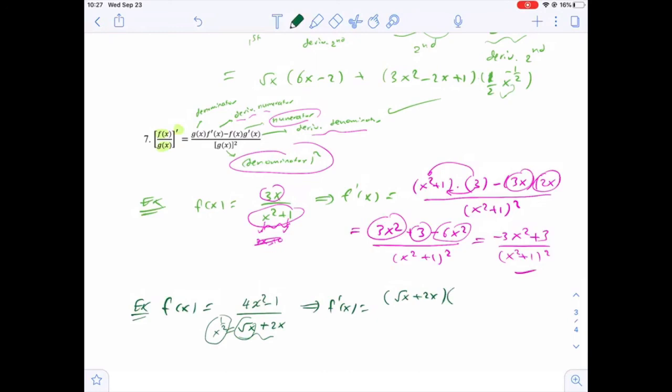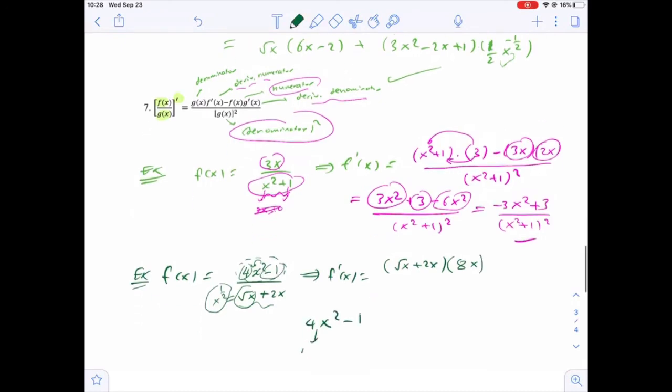So the denominator times derivative of the numerator. What is derivative of the numerator? It's 4 constant times, now we bring 2 down, it becomes 2 times 4, 8x, and negative 1 is constant, so derivative is 0. So derivative of 4x squared minus 1 is 4 times derivative of x squared, which is 2x to the power 2 minus 1, minus derivative of 1 which is 0, and that is 2 times 4, 8x.